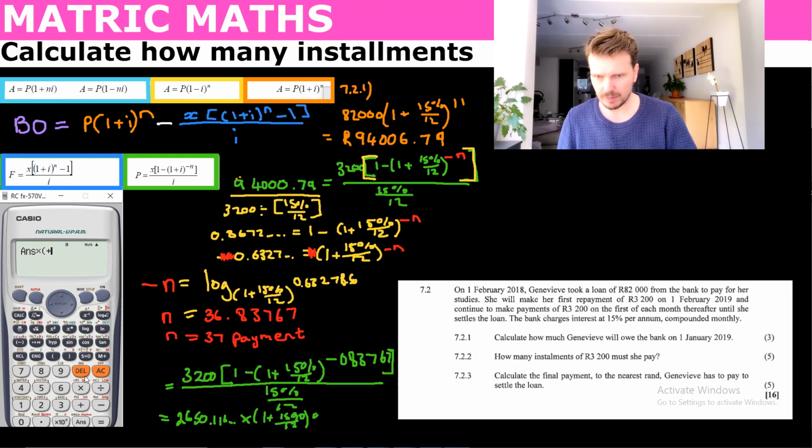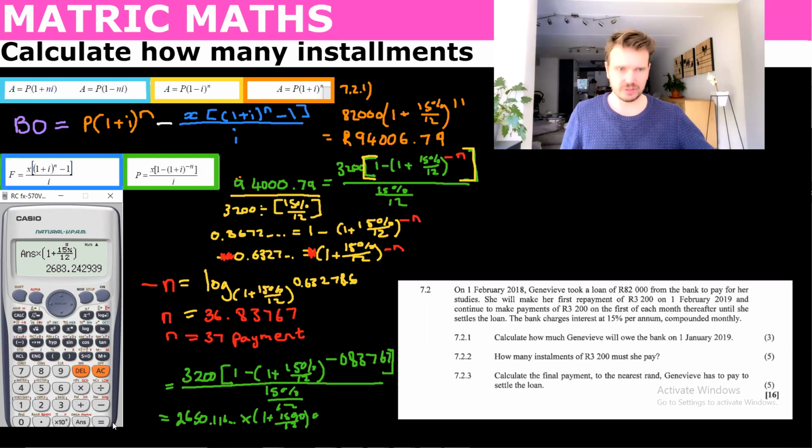We're going to times that by 1 plus 15%. You can put 0.15, as I've said a number of times. I just like to put the percentage in because it avoids any careless mistakes with decimals.